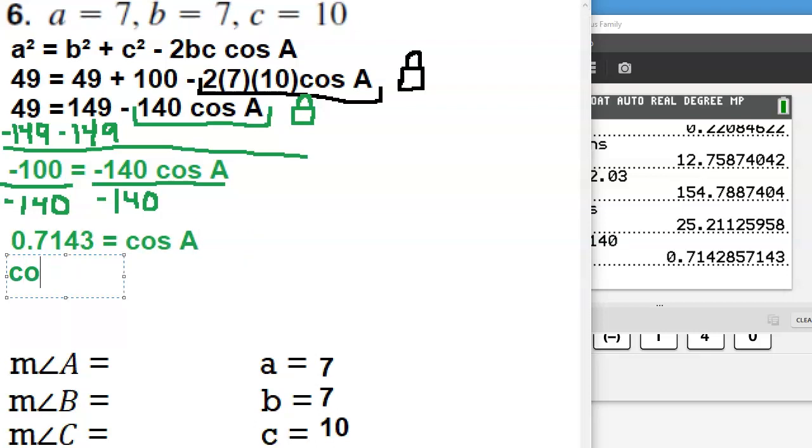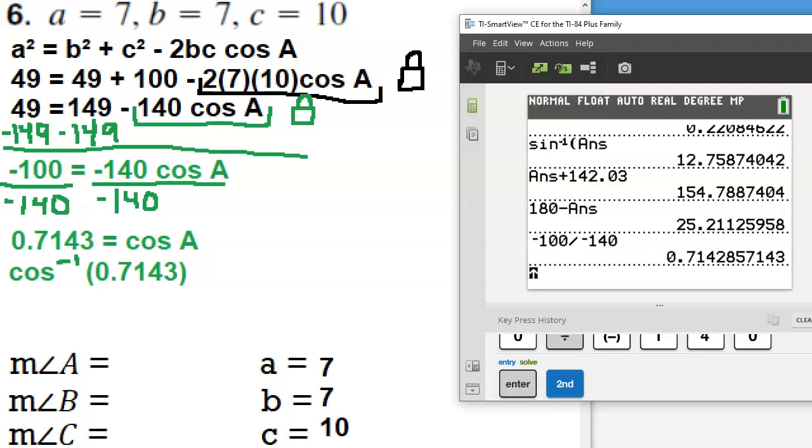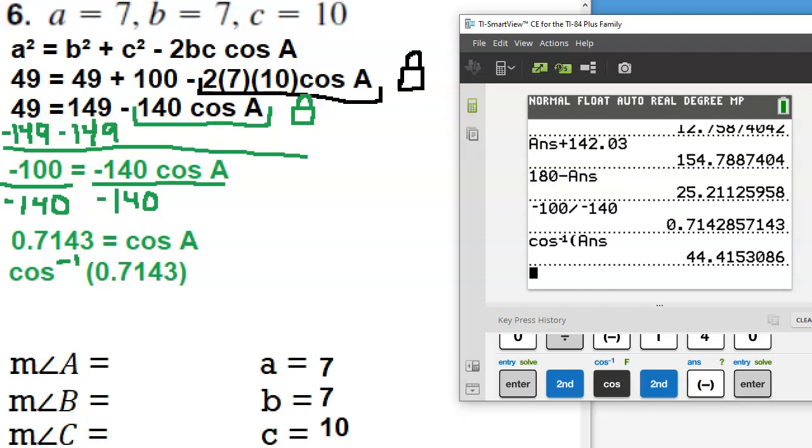And then remember, whenever this happens, we can do the inverse cosine. All right, so let's do it. Inverse cosine of the answer. 44.42 degrees.